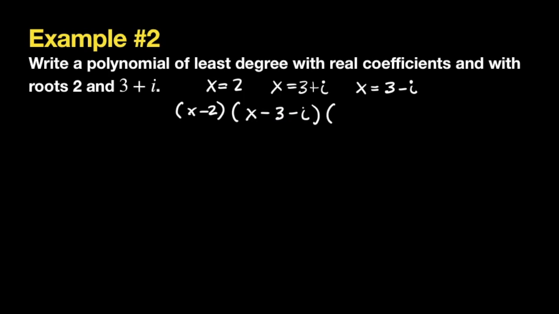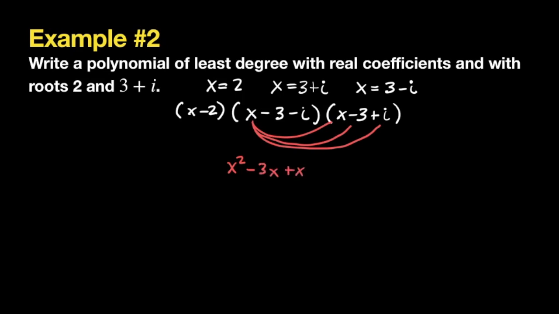And then the third one is going to be x minus 3 plus i. So we're going to multiply x times x, times -3, and x times i, and we get x squared minus 3x plus xi.